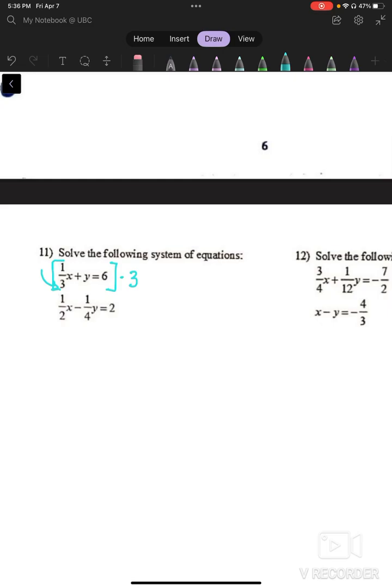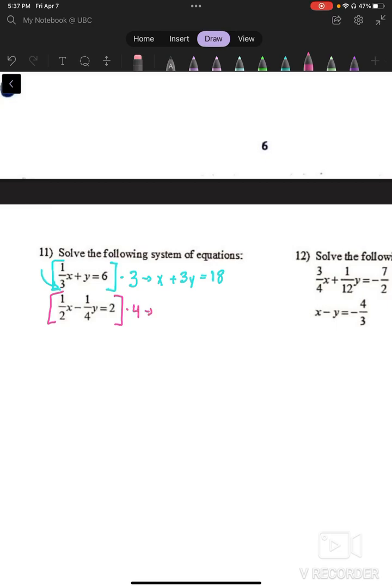So this is x plus 3y equals 18. So that's how you would get the first equation. Then for the second one, I'm going to multiply by 4 because that's the largest denominator, and that's going to get rid of the fractions.